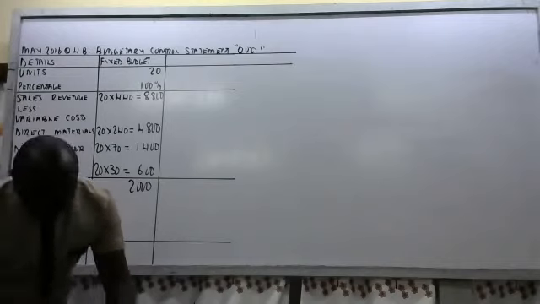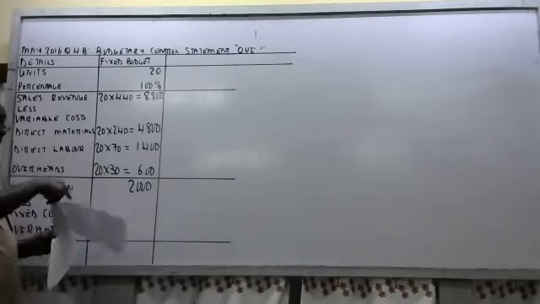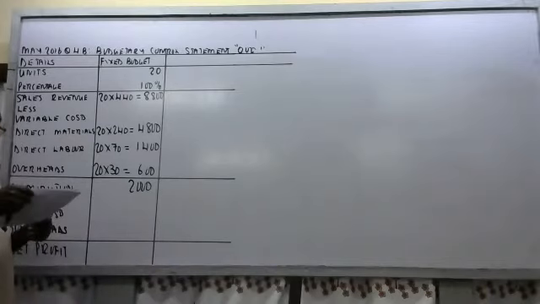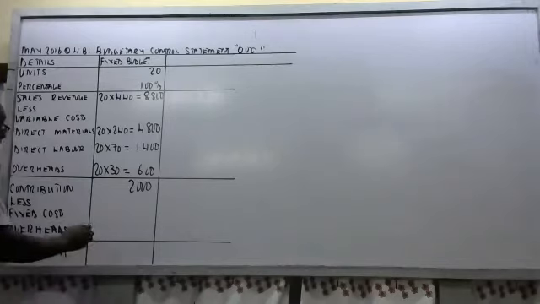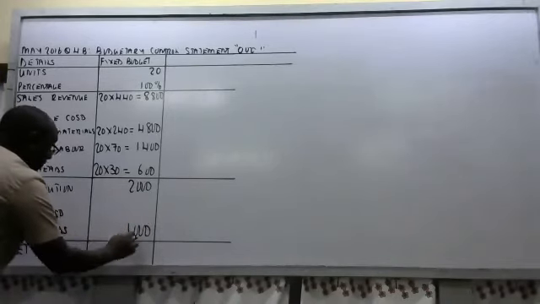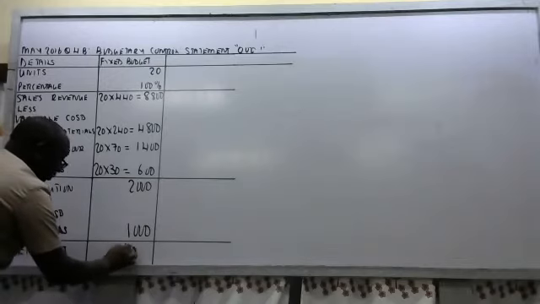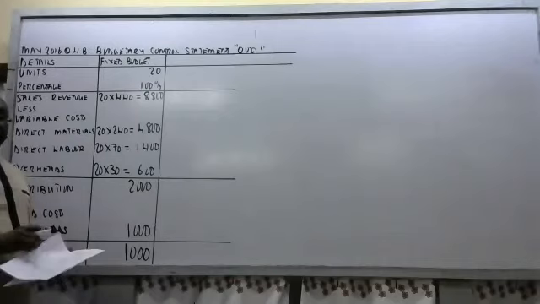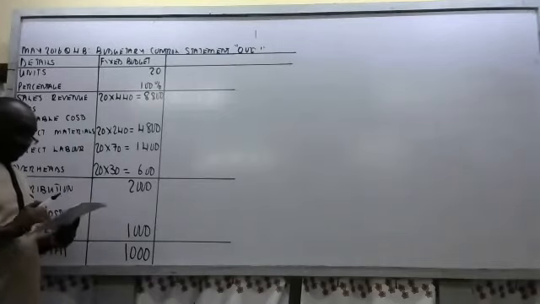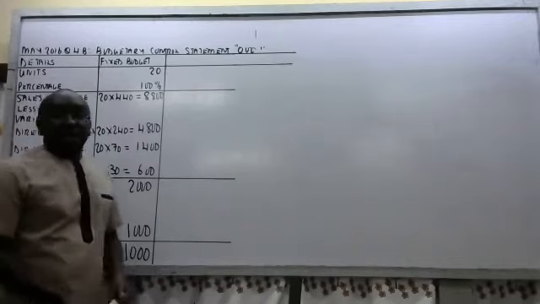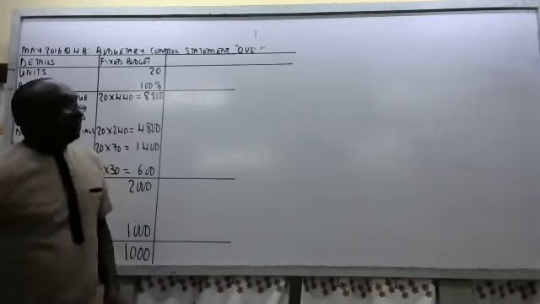And then, according to information 2, the fixed overheads are 1 million, so you put 1,000, and therefore the profit is 1,000.